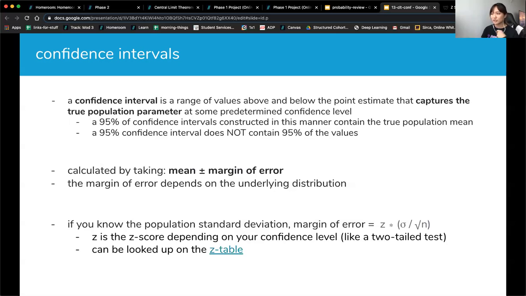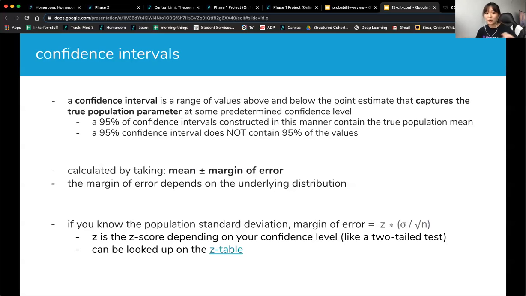So confidence intervals are used when you're estimating things. And when you're estimating something, you can also give it a confidence interval. When you have a 95% confidence interval, it means that 95% of the confidence intervals that you construct in the same manner will contain the true population mean.